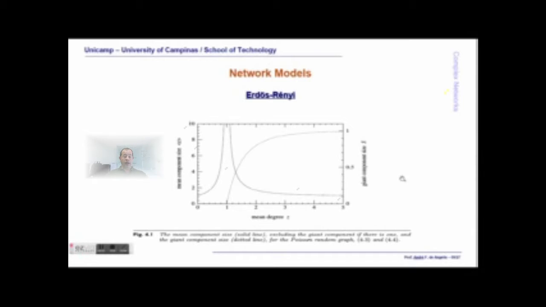You can see that a giant component appears in the network, and at the end, at the limit, it will get together all the nodes of the network. Then it is a transition process, a phase transition process, or percolation process, if you prefer, that occurs in this type of network according to the mean degree of the nodes.